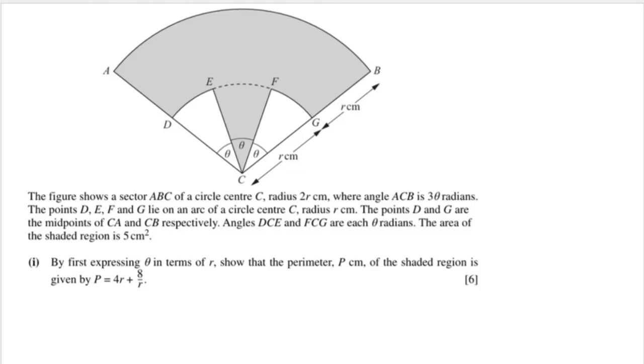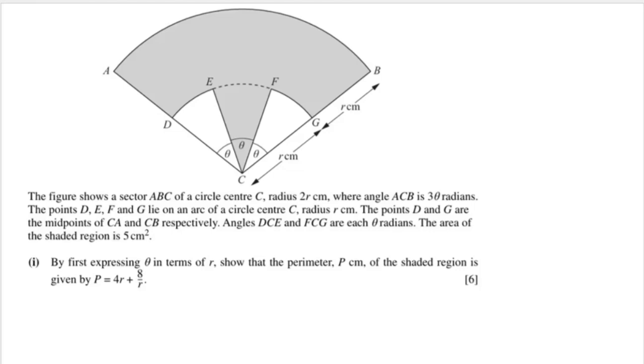So that's why the radius is exactly divided in the middle, like CG and GB. They're the same. So there's something worth noting here as well. I am not ignoring any detail of the question, so make sure you read the statement carefully so you don't miss out on anything, right?